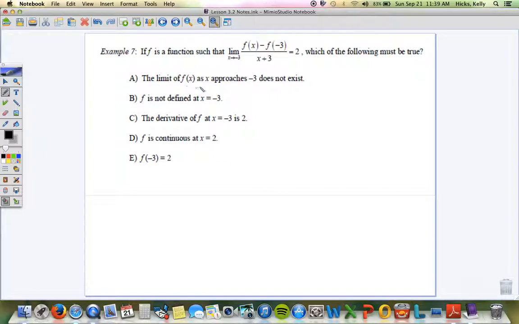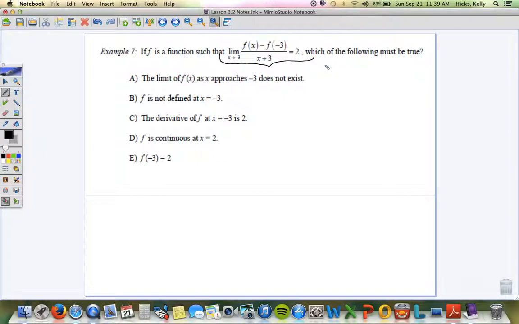A, the limit of f of x as x approaches negative 3 does not exist. Well, what does this tell us right here? This up here tells us that the slope of the tangent line at negative 3 is equal to 2. What else does that tell us?